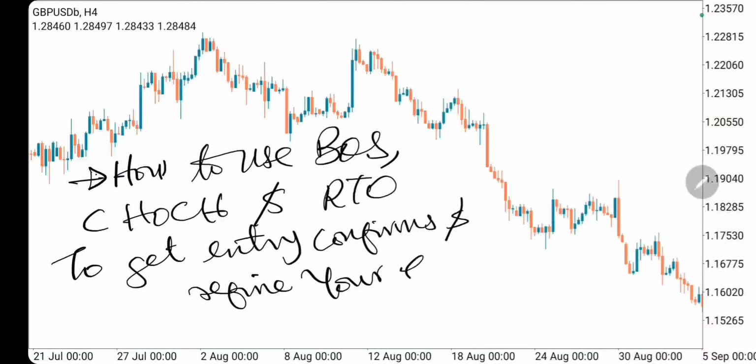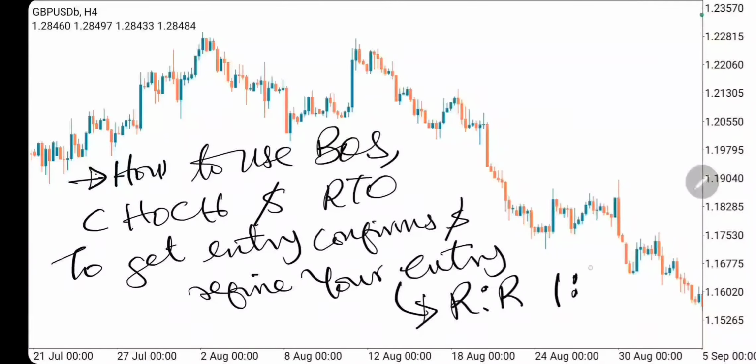When I say refining your entry, I mean helping you get a higher risk to reward ratio. Now, you see someone tell you that he got a trade of 1:5 or 1:10 risk to reward ratio. This high risk to reward ratio is only possible from the knowledge of entry confirmation and refining of entry.